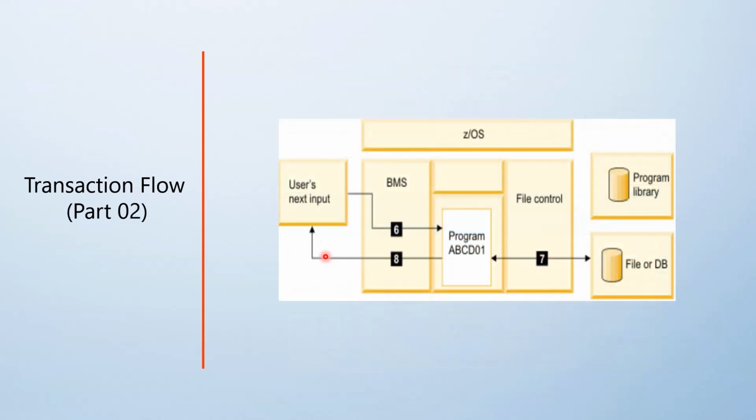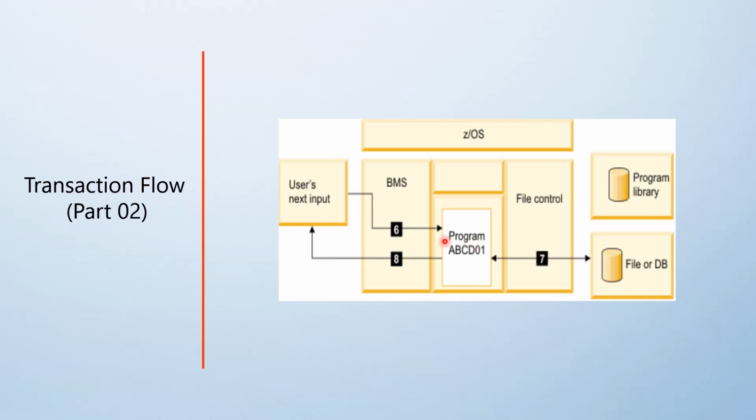Now the user has provided some input, and the earlier program ABCD00 has linked to this program, which is designed to accept the user's next input. In the program logic, some details are requested from a file. So file control service comes into the picture, and it opens and reads the file.